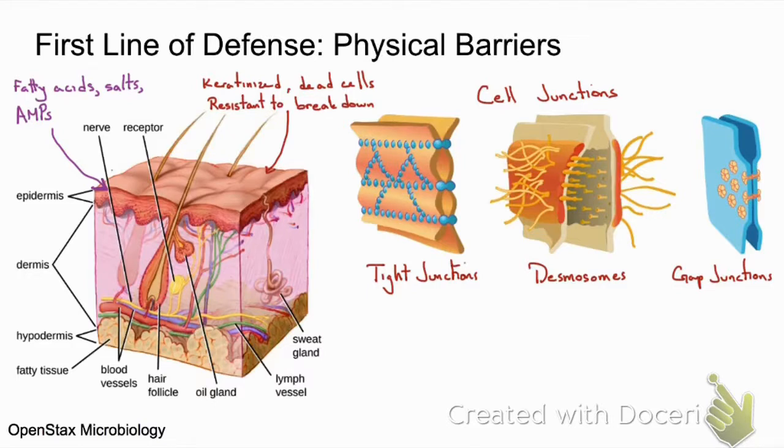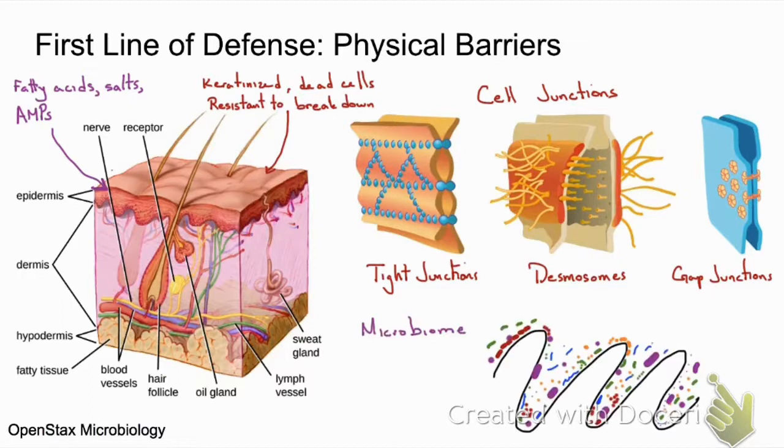Now, in addition, we could also think of our natural microbiome as being part of a physical barrier as well. The microorganisms that line our gastrointestinal tract or colonize our gastrointestinal tract prevent potentially pathogenic microorganisms from colonizing these GI tracts.